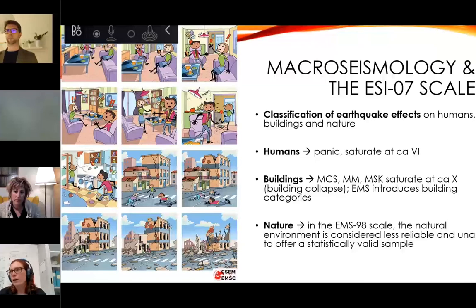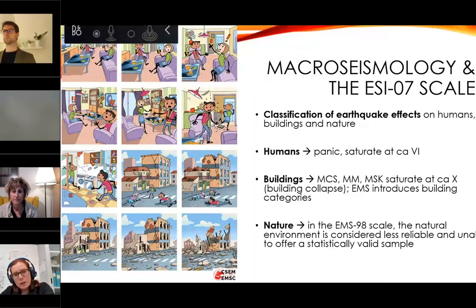It is done by applying intensity scales, which usually have 12 degrees, from degree 1, which is basically an earthquake felt only by very sensitive instruments, up to degree 12, which is basically total destruction of buildings, infrastructure, every human activity, and also huge effects on nature.